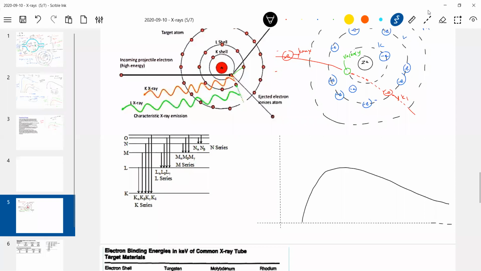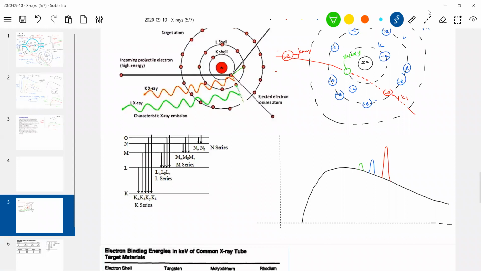Where do we see K alpha, K beta like this? How do we have to show K alpha, K beta? K alpha I'll show by red color. This will be K beta. This will be K gamma.